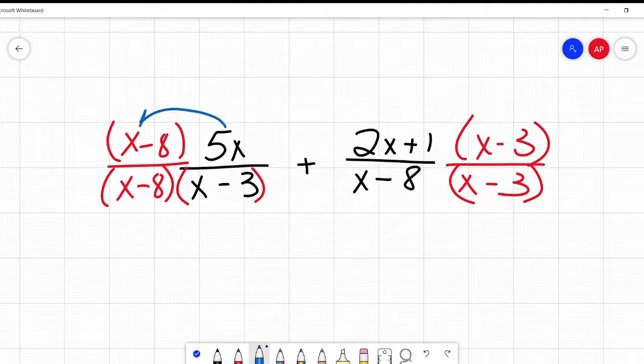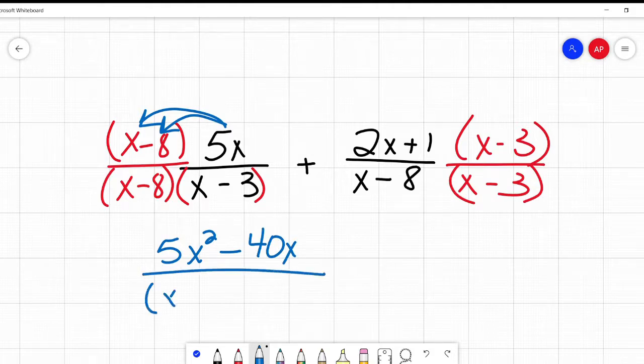So up here, I have 5x times x is 5x squared. 5x times negative 8 is minus 40x. All that over x minus 8 times x minus 3. Next one, we got some FOIL action going on.